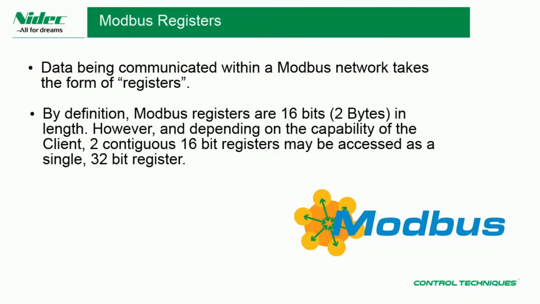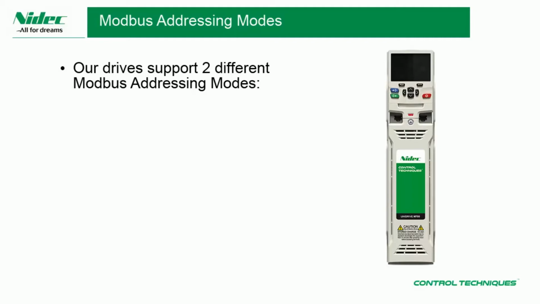However, depending on the capability of the Modbus client, two contiguous 16-bit registers may be accessed as a single 32-bit register. Our drives support two different Modbus addressing modes: standard mode, which is the default, and modified mode.